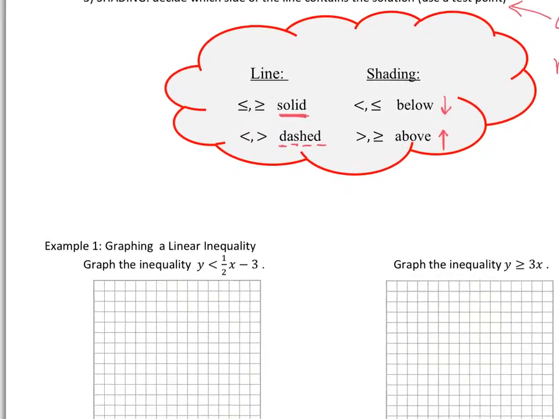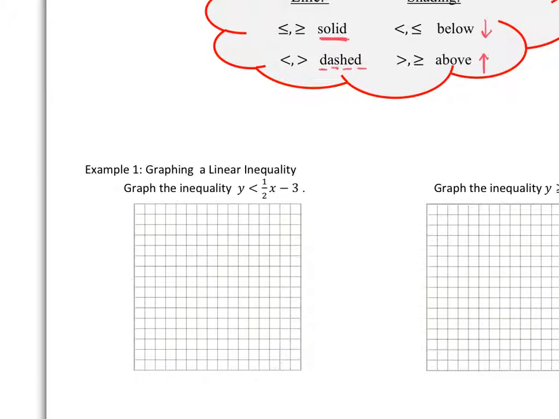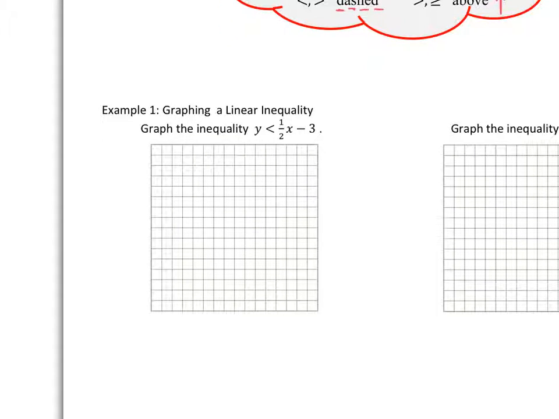So let's do an example. First, make your axes. So first we need to just get the points that go with this line. So what's the y-intercept? -3.